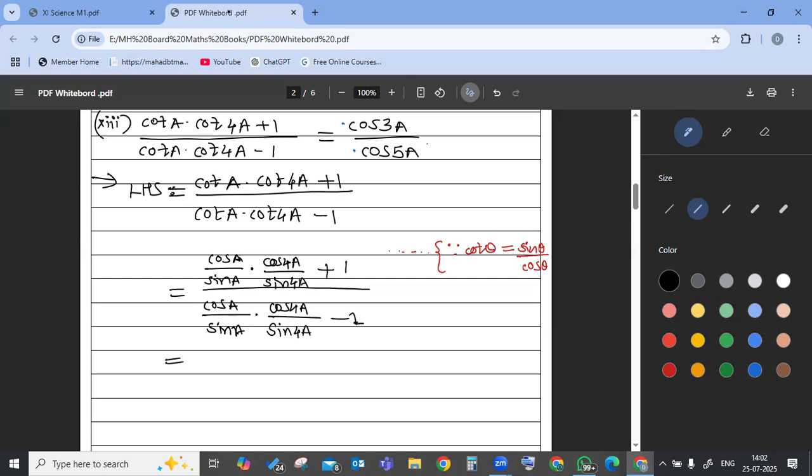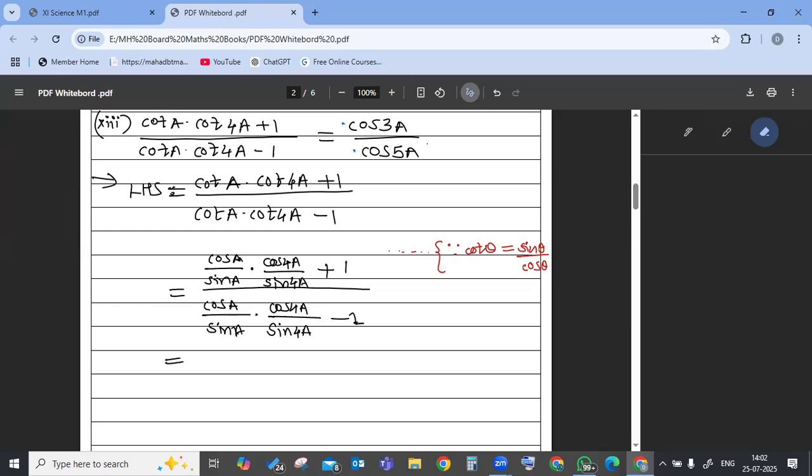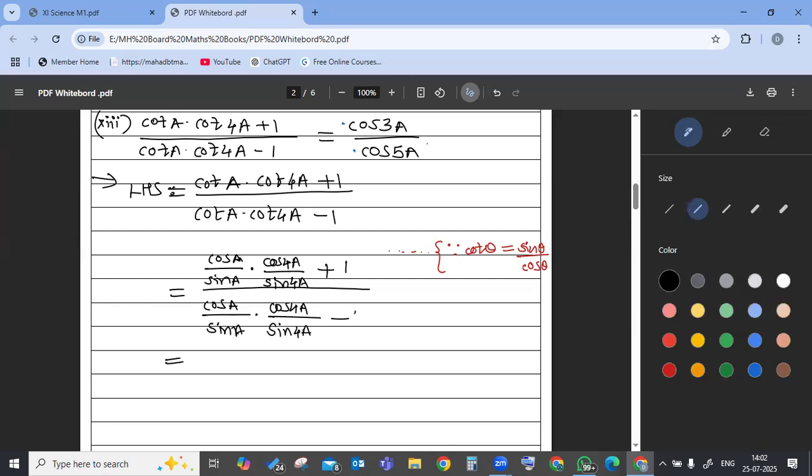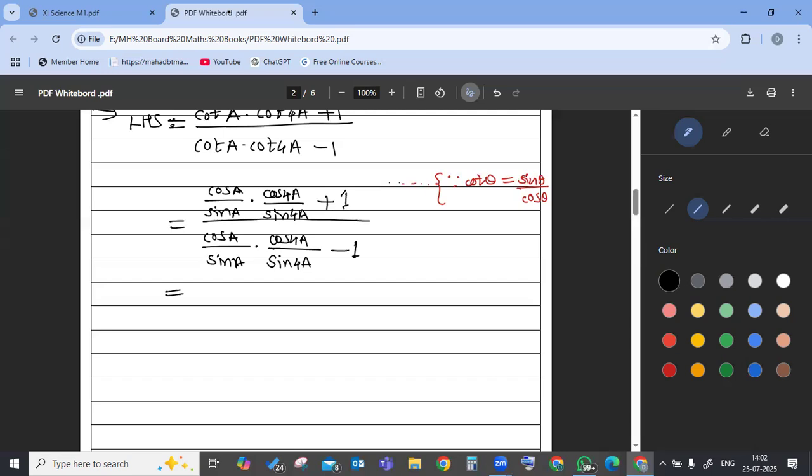Are you able to catch this? Have you understood? Yes. Okay. Now, this gives us what? Let's take the LCM of the numerator and denominator terms.